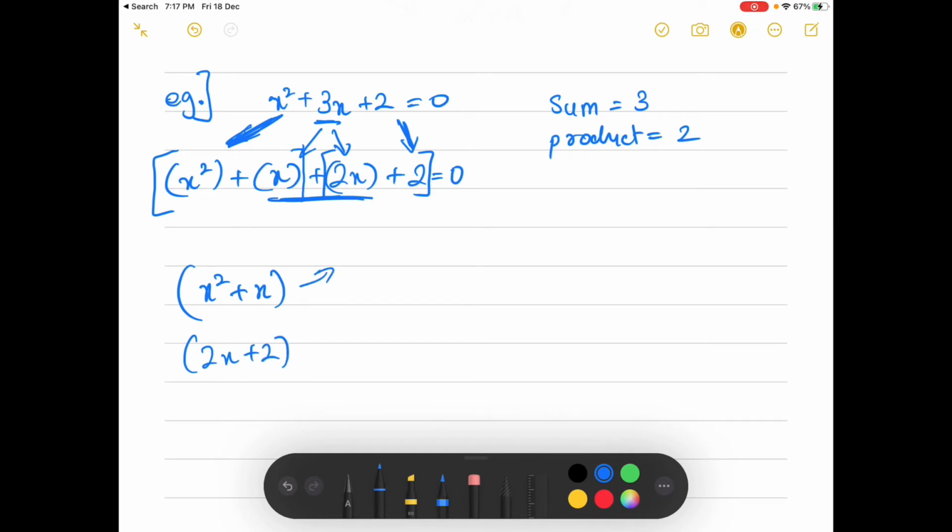We have studied in earlier grades that to factorize we need to take out the common one. Here the common is x. So we take x out of the bracket and put this here. When we multiply them both, we get x square. So x times x plus 1, and this becomes 2 times x plus 1.